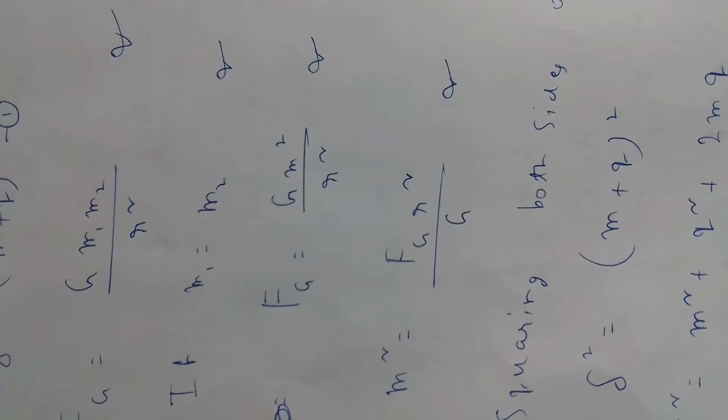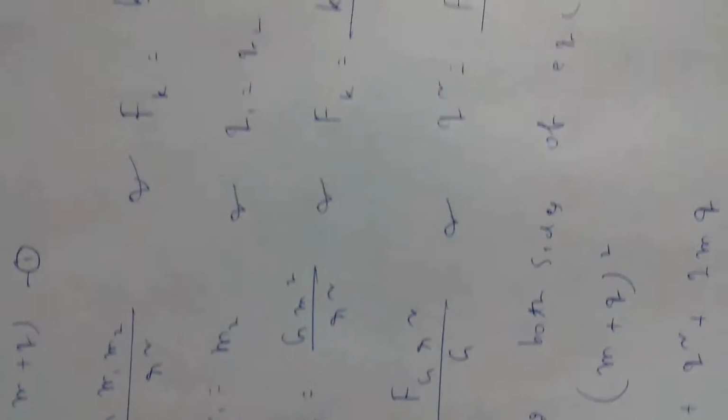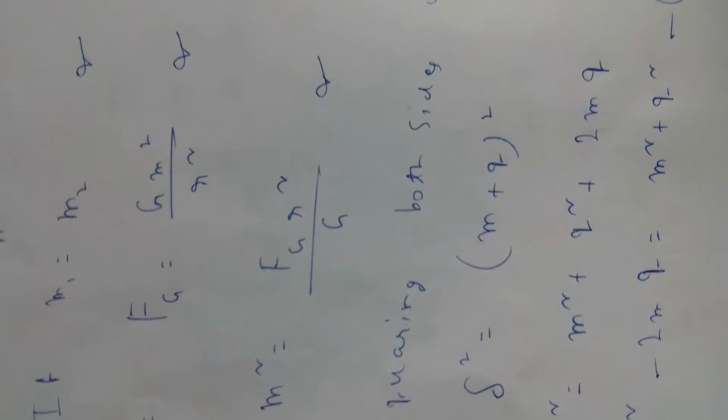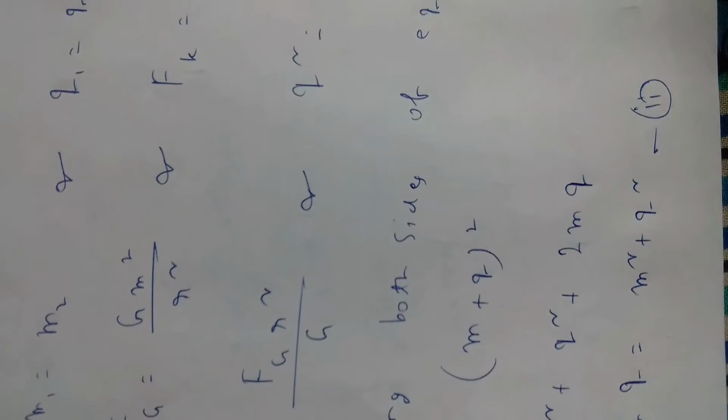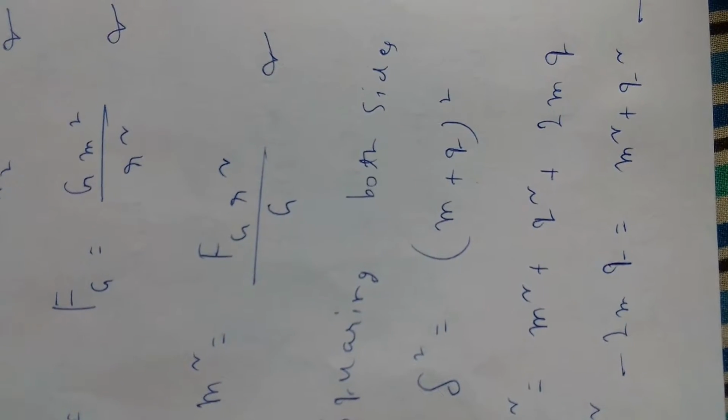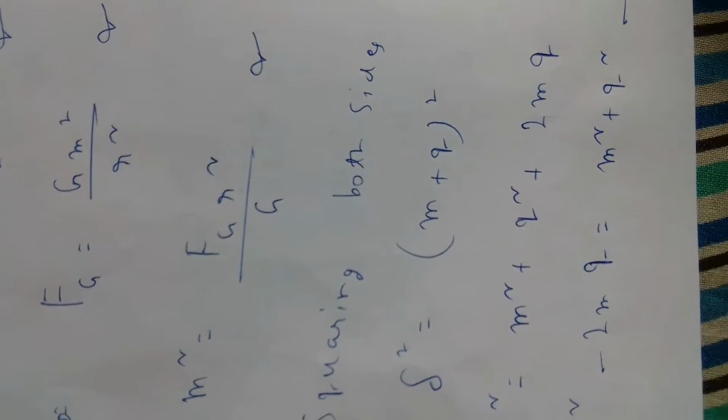So m square is Fg r square by G, and q square is Fk r square by K. Squaring both sides of equation 1, del square is equal to (m plus q) whole square.